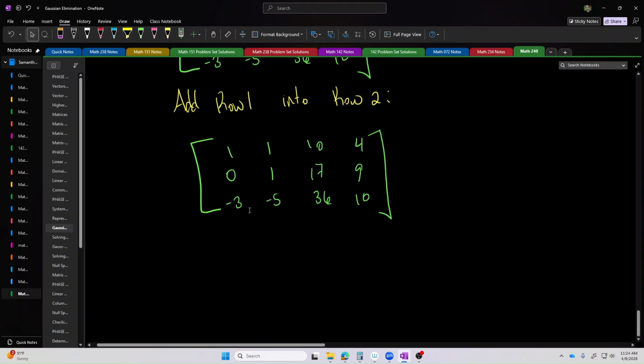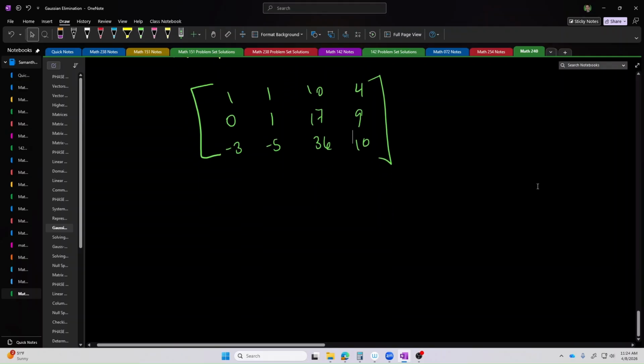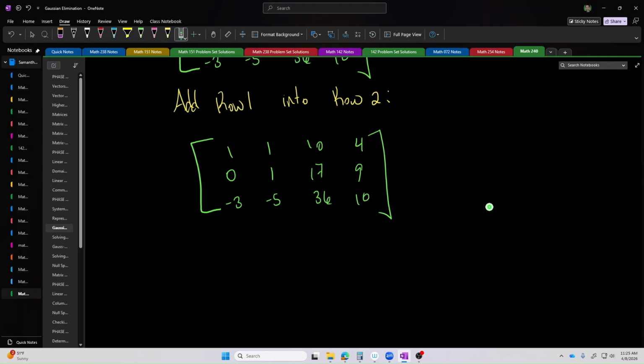The next thing that I want to do is eliminate this -3 in the third row of the first column. To eliminate this -3, I'm going to scale the first row by a factor of +3 so that I get a +3 here, which will cancel the -3 in the third row in that position.